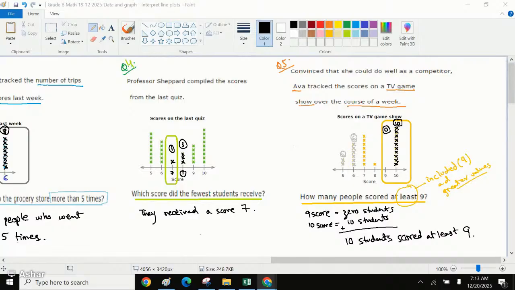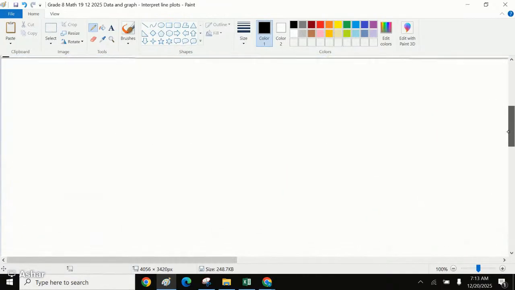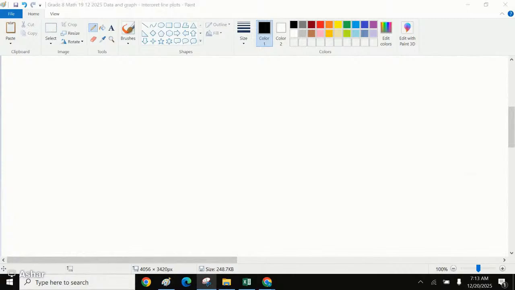So the next question, this was question number 5. Let's go on to question number 6. Let me just get the question. The question is about pictures and albums.